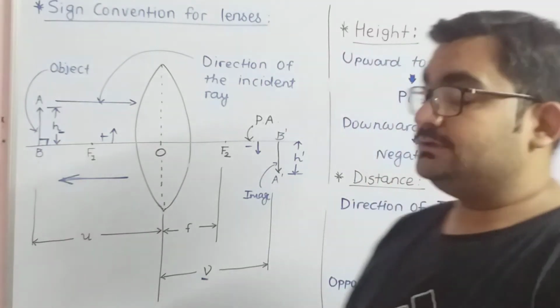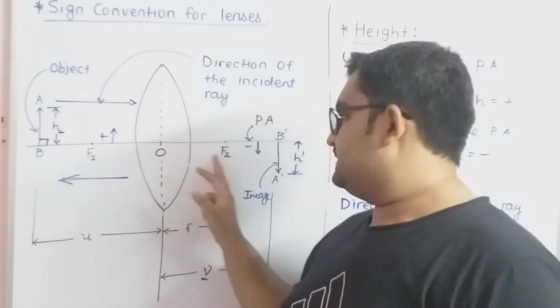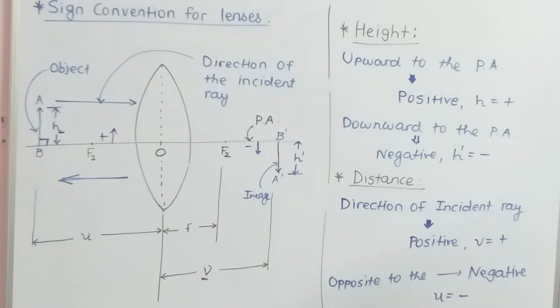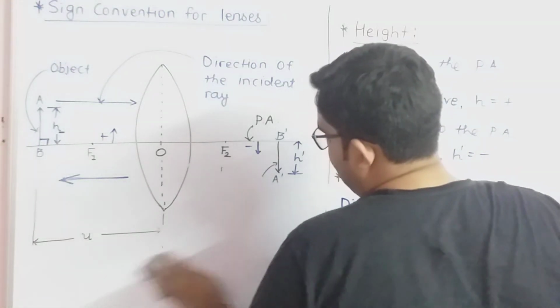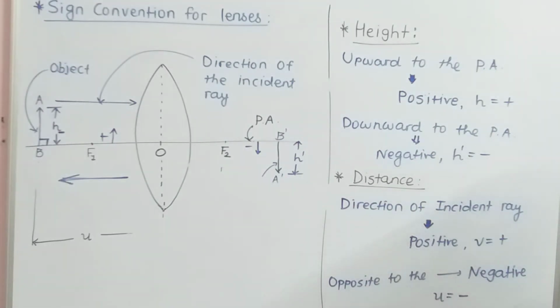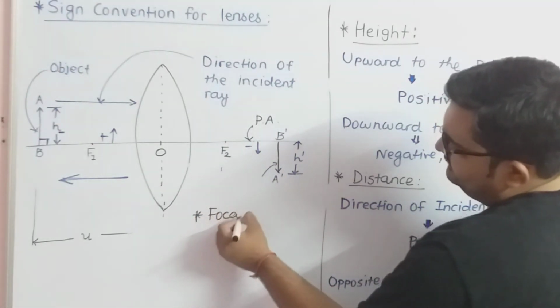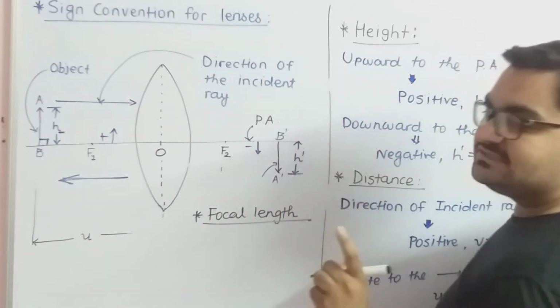Now students, you can see here two focal points. The first one is here and the second one is here. Here you must remember one thing: the focal length is always constant.